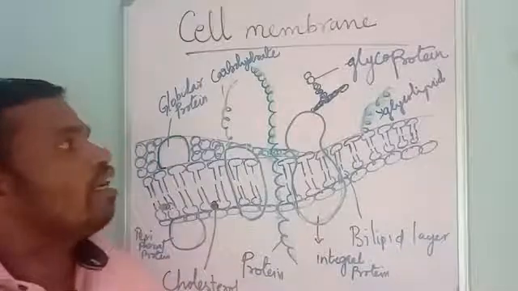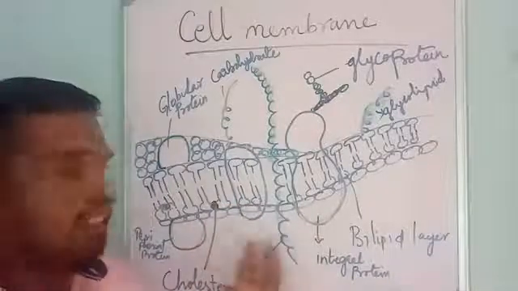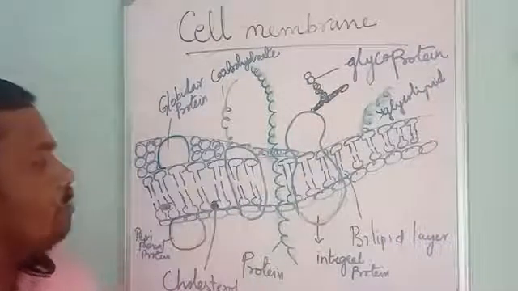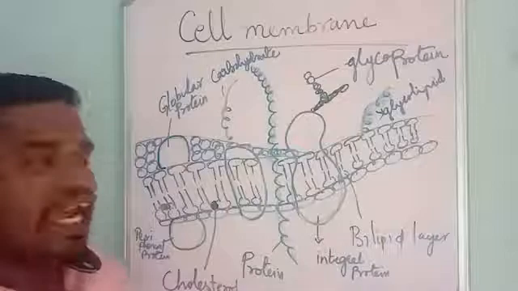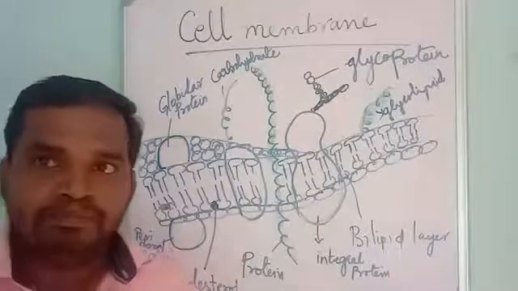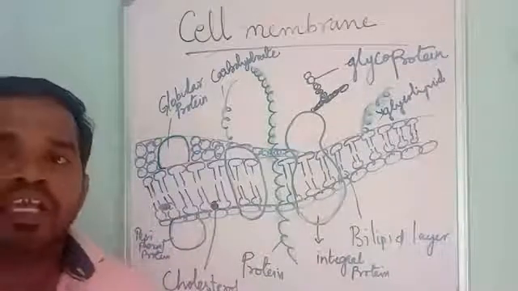So here we are able to see the different molecules. When we see this diagram, this is the best model, described by Singer and Nicolson in 1972. This is called the fluid mosaic model. According to the fluid mosaic model, think of a mosaic floor.